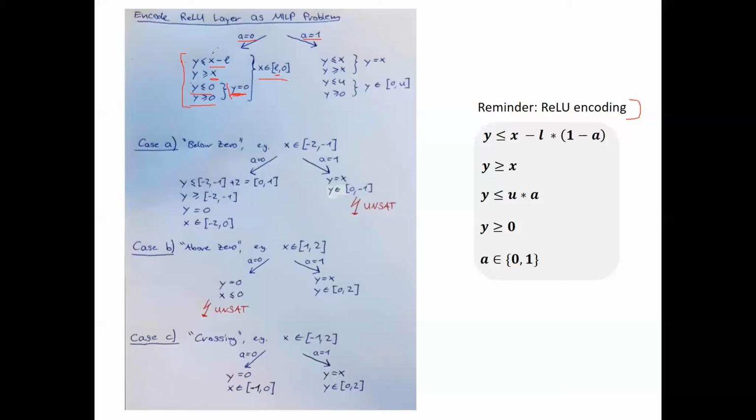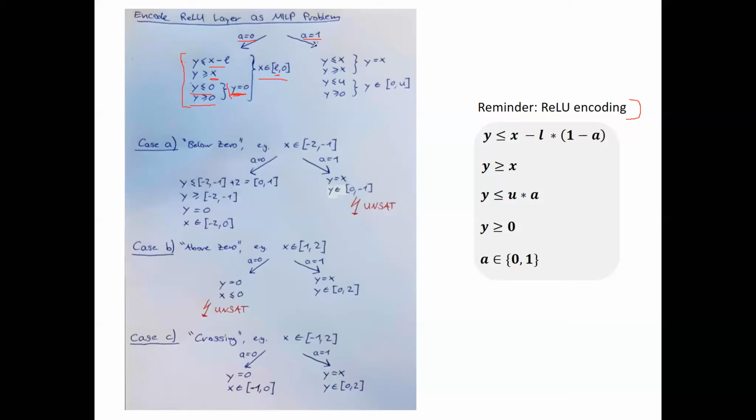So this linear programming instance would be unsatisfiable, and there is no need to explore it further in the solving. So this only makes sense if L is really less than or equal to 0. If L is negative, this makes sense, not positive.